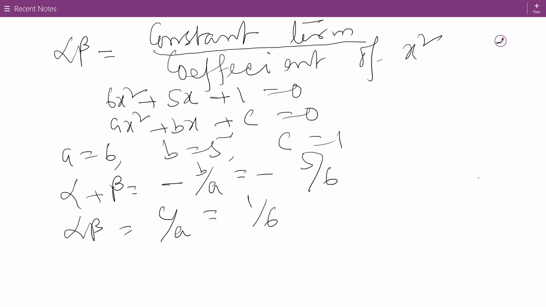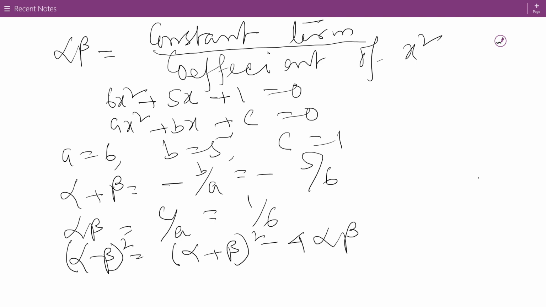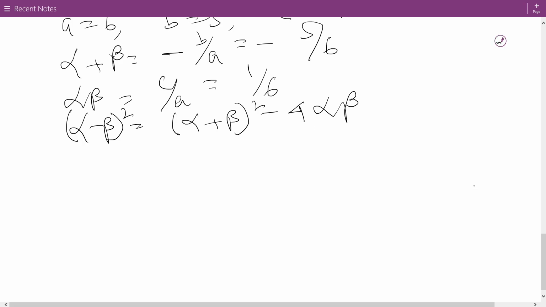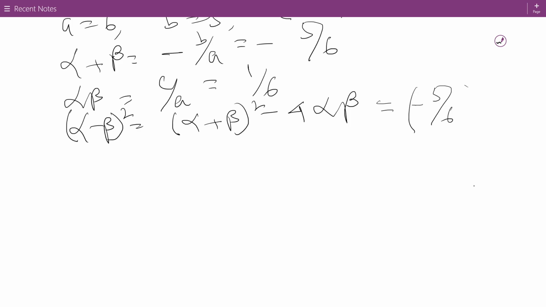Now, say we can write the expression in this way: alpha minus beta whole square, simply alpha plus beta whole square minus 4 alpha beta. Now we can find the value of alpha minus beta. What is alpha plus beta? Alpha plus beta means simply minus 5 by 6 whole square minus 4 into 1 by 6.